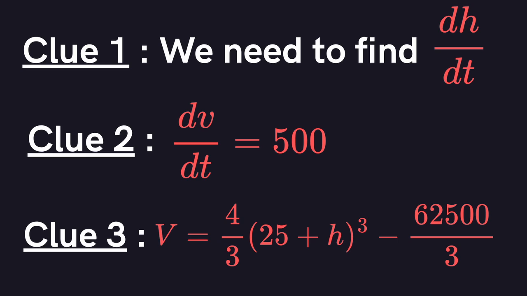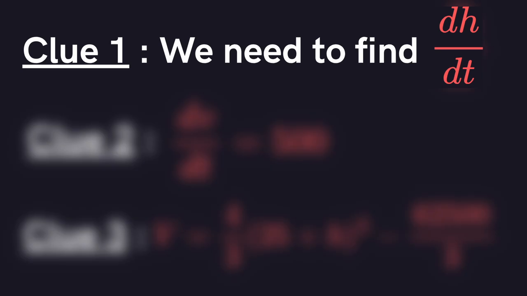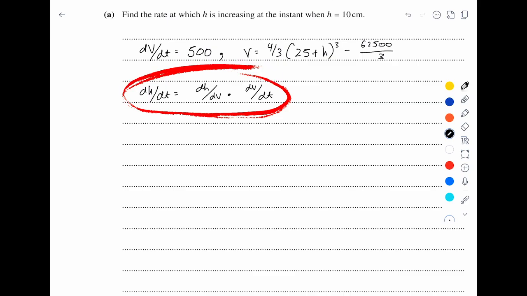And to find dH by dt, we need to first understand what dH by dt actually represents. dH by dt is equal to dH by dV times dV by dt.